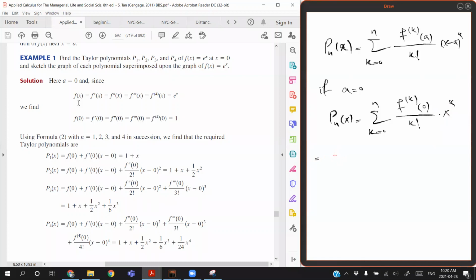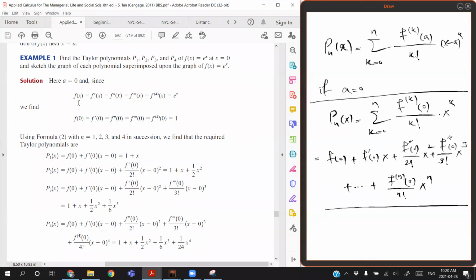The first term is going to be f of 0, then plus you have f prime of 0 times x, then you have f double prime of 0 over 2 factorial times x squared, then you have f triple prime of 0 over 3 factorial times x to the power of 3, and it goes all the way to the nth derivative of the function at 0 over n factorial times x to the power of n. So this series here would be called a Maclaurin polynomial.